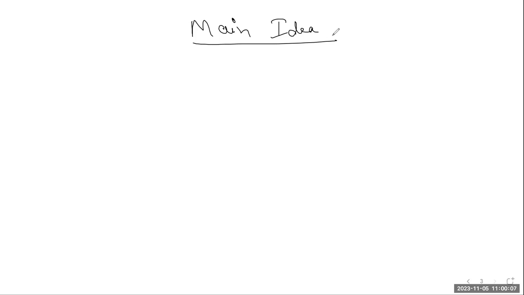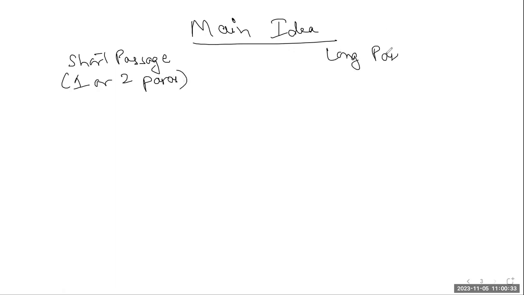But if you don't really understand the passage and you still want to mark an answer, then you need to check whether it is a short passage or a long passage. Short passage means one or at the most two paragraphs, not more than that. Long passage means two or more paragraphs.